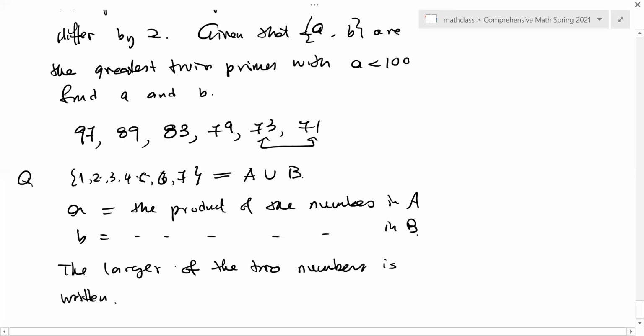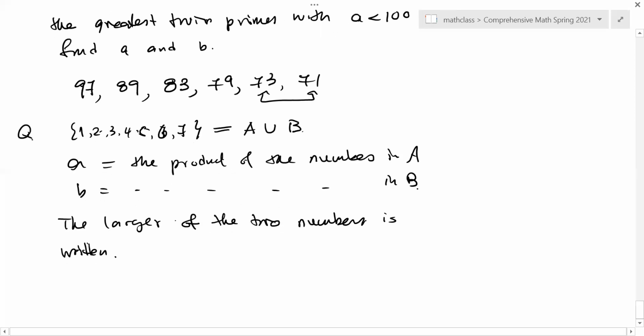So the question is, what is the smallest number you can get using this procedure?